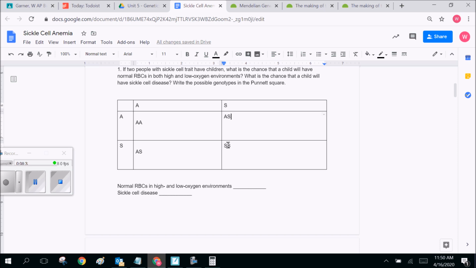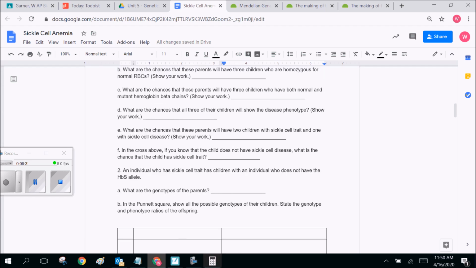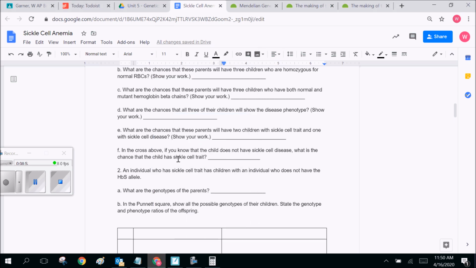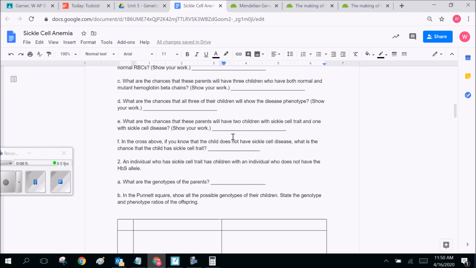Only 25% chance you'll have that because it's 1 out of 4. And so we'll do 50% times 50% times 25, times 100, because we need to make it into a percent again. And that'll give us 6.25%. So hopefully you understand how that works.